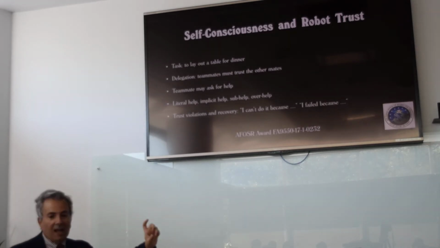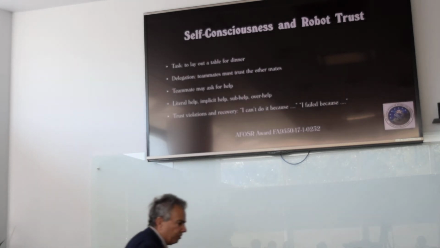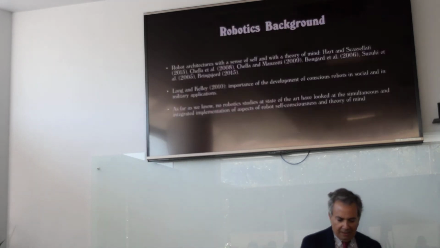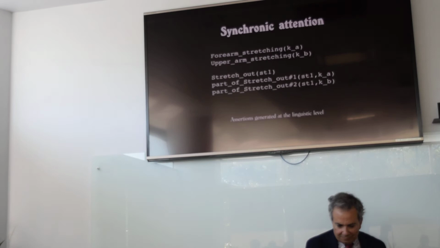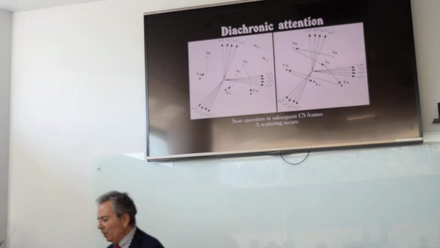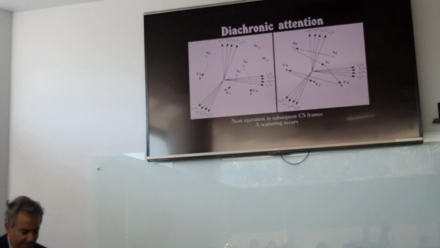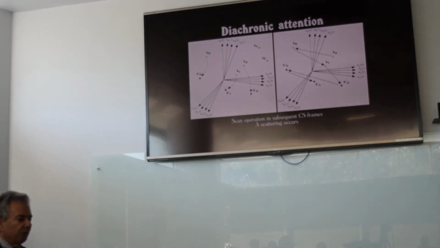The second part is, I failed. The robot can analyze the whole course of events. As I mentioned before, like in this case, the robot could analyze all the situations and all the actions that brought it to a failure, and then it can say, I failed because at some point the object fell down or the object broke, and so on.